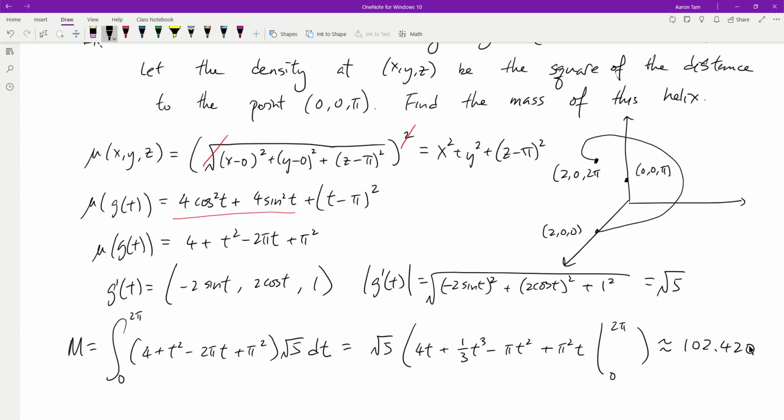Remember, we follow the same rule as in basic calculus, 3 decimal places. And that would be whatever the density unit is, but we didn't get a density unit, nor are we given a length unit. So I'm just going to give the answer with no unit attached to it. If the density is given as something like kilograms per centimeter, then we'll have a mass unit. But I'll leave it at 102.420 for now.